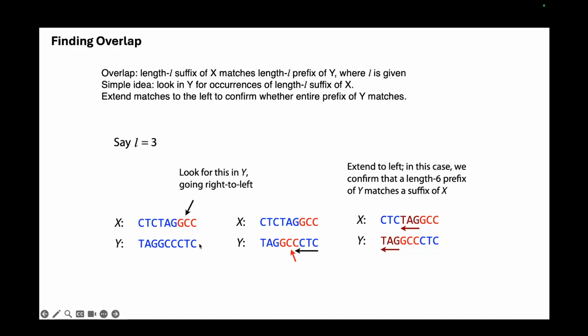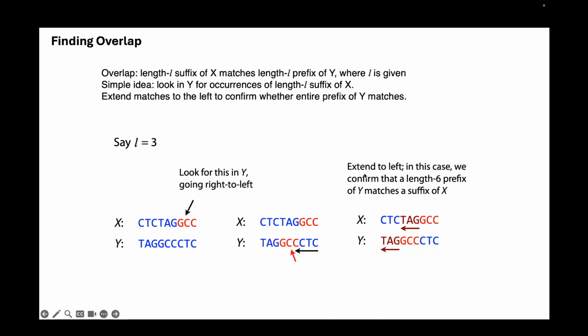You do not start from the end. So basically, for the source, you check the suffix, and for the sink you check the prefix, this part. So GCC, where it is overlapping, if you move in from here, the overlap is in this part of the read, right? So the GCC, the last part, overlaps in the middle of Y.